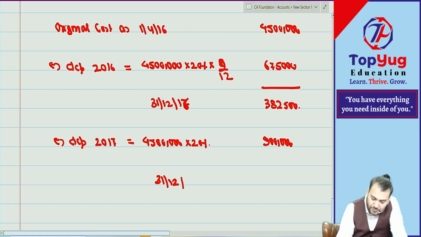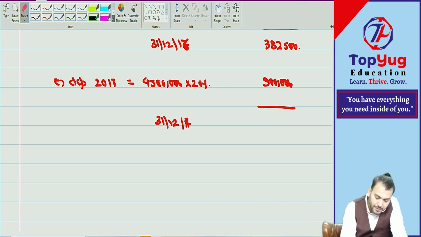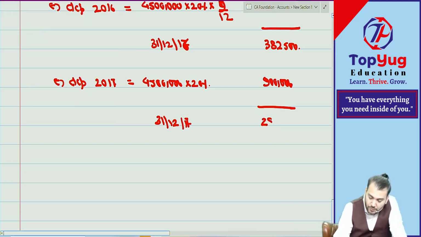So this was 38, so this will be 29 lakh 25,000. Correct? 29 lakh 25,000. Then minus depreciation for which year?